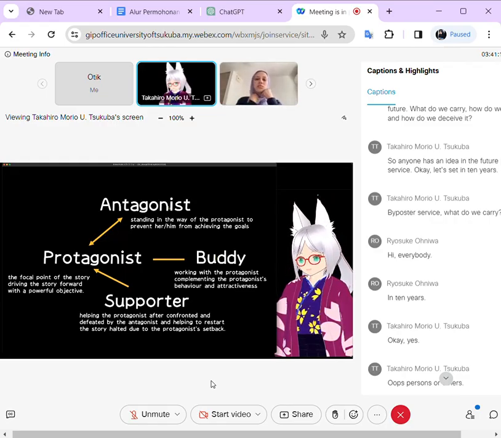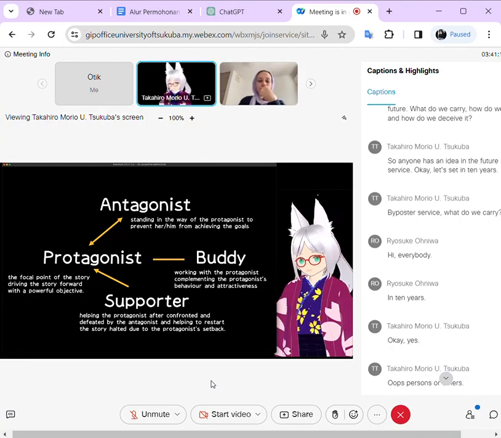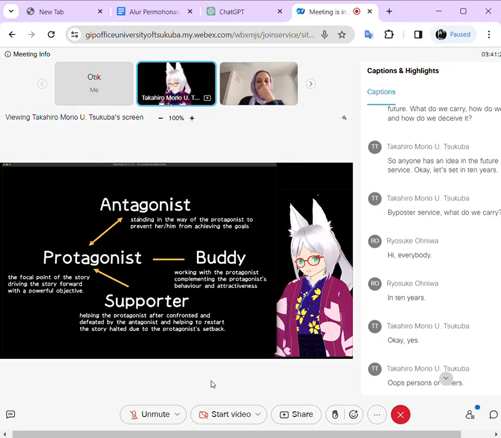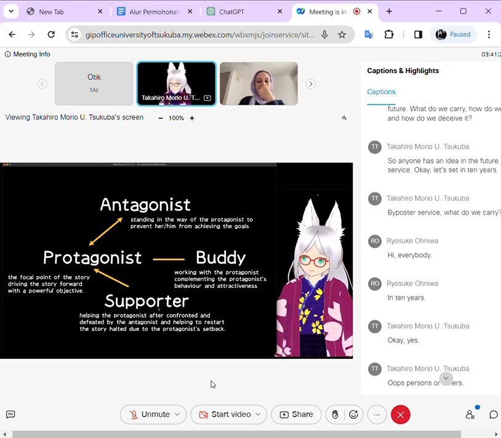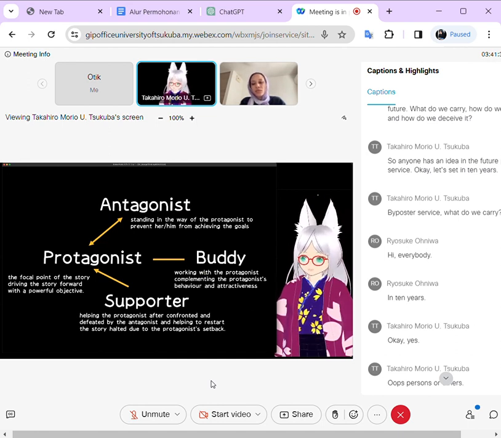The antagonist is the Galactic Empire, Darth Vader or Emperor Palpatine. And the supporter is Obi-Wan Kenobi or Yoda. So these four main characters are the basic elements of the story.